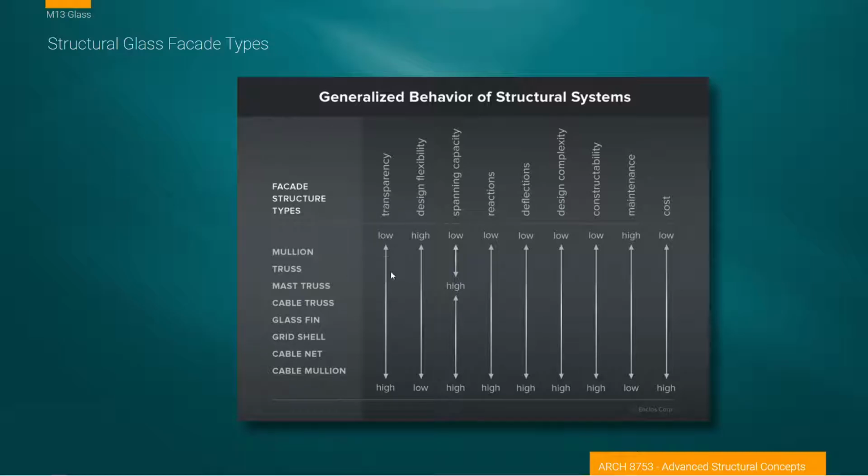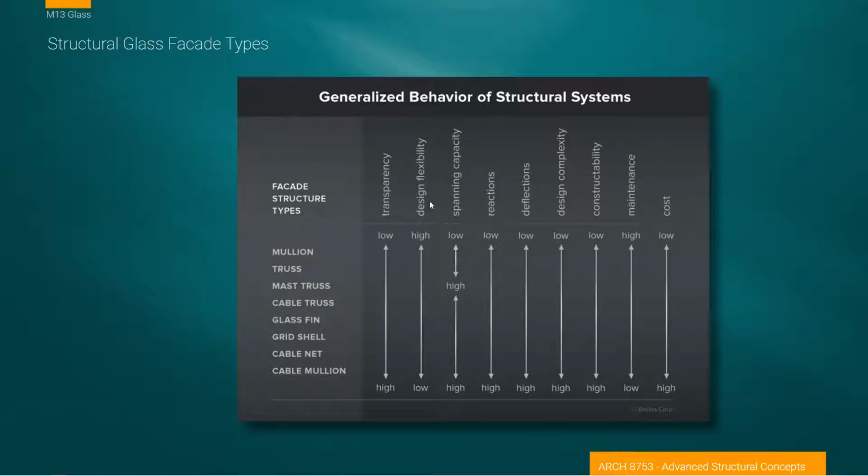And this idea of them going from a mullion system, which would be at the bottom of the pile, so to speak, as far as cost goes, having the least amount of transparency, and some of the highest level of design flexibility. I think it is. Let's see if I can find it again. Constructability, maintenance, yeah.